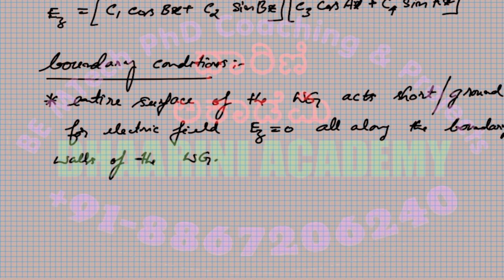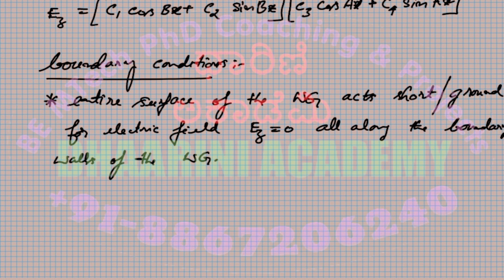I look at all the boundaries of the waveguide. At each boundary you will find one common condition. Take the top surface: along the top surface throughout the waveguide there is only one condition. Similarly, along the bottom surface there is another condition. Along the right side surface I have a third condition, and on the left side a different condition.